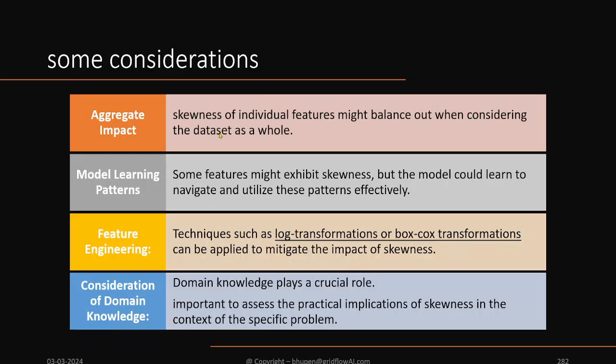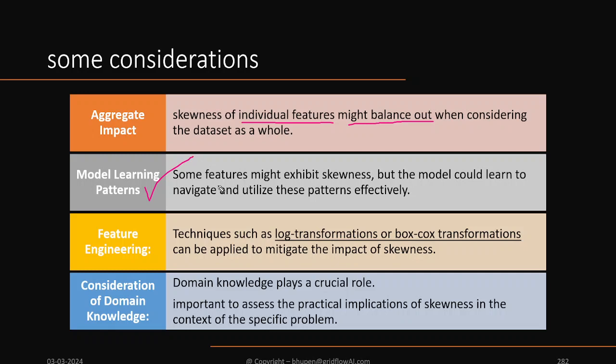Some columns may exhibit a skewed pattern in that particular data series, but when you combine all the features together, things might balance out. The effect of skewness might be reduced when you look at multiple columns.